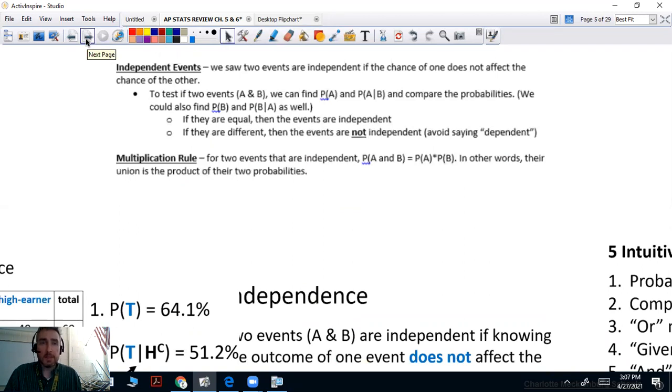Independent is when the chance of one outcome does not affect the chance of another. Don't be confused with mutually exclusive. Independent events might be like rolling a die. If you roll a die, the probability of getting a 6 is the same each time you roll. Whereas dependent events, or not independent events, might be pulling from a hat and not replacing.